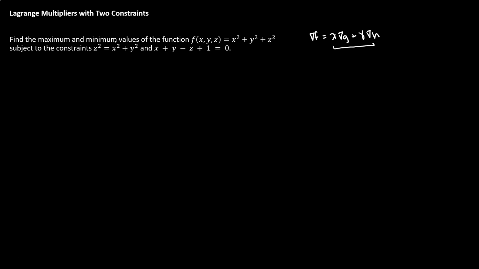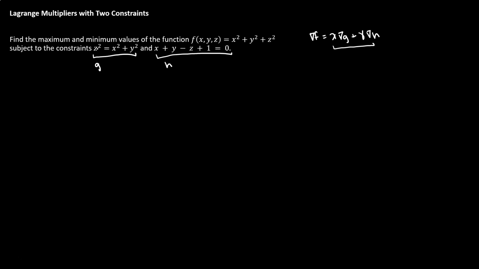So if we're trying to find the max and min values of the function f, subject to these two constraints, notice that these constraints are not both written so that they're equal to a constant. Let's pick one to be g and one to be h. It really does not matter which, but let's pick the first one to be g and the second one to be h.